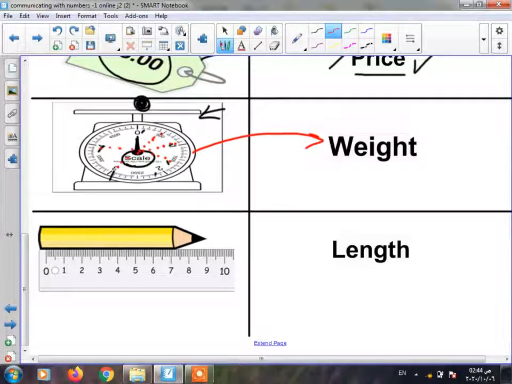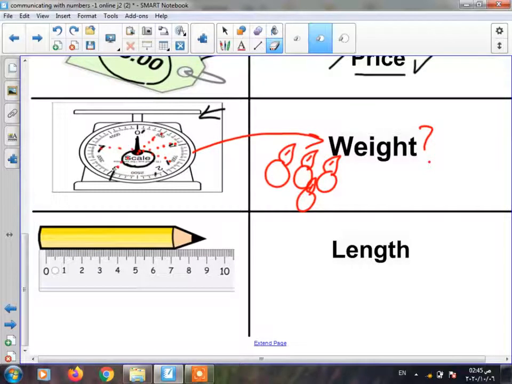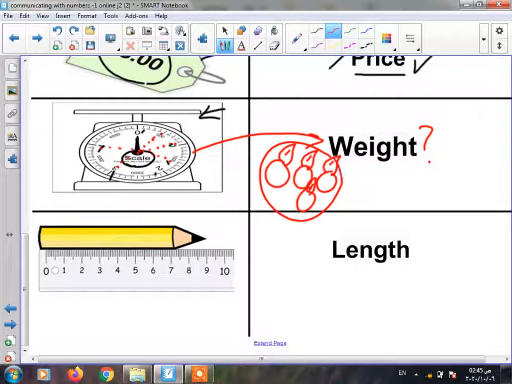Like if I put some oranges and I want the weight of them. I will put these oranges, the number of oranges, how many? 1, 2, 3, 4.